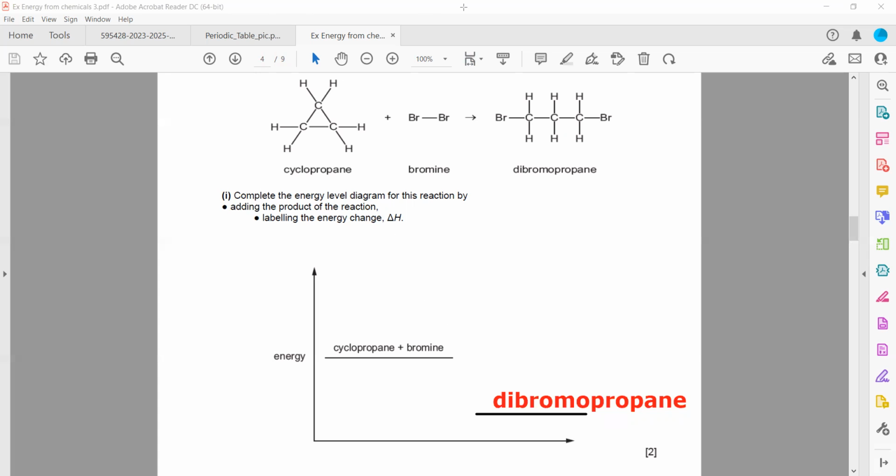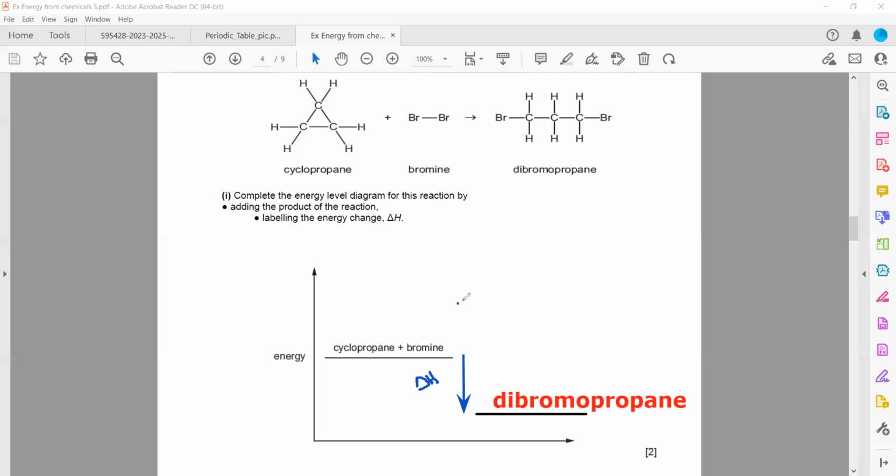If you want to draw an arrow to show the energy change, it is always from reactant to product. For an exothermic reaction, the energy change or enthalpy change is negative, so the arrow is always pointing downward. So the energy change, delta H, is downward. They did not ask for activation energy, so you don't have to. But what if there was a question to label activation energy?